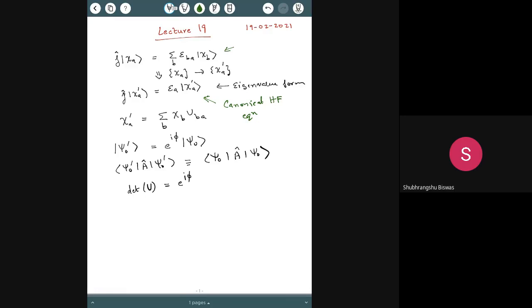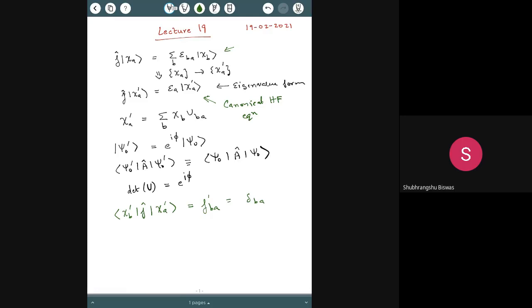Now this first equation could have had many solutions. But when we add the additional condition that I want my Fock matrix to be diagonal, then we are sort of honing in on one particular solution.